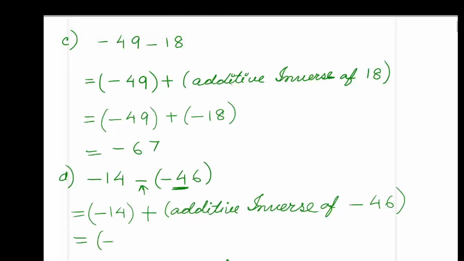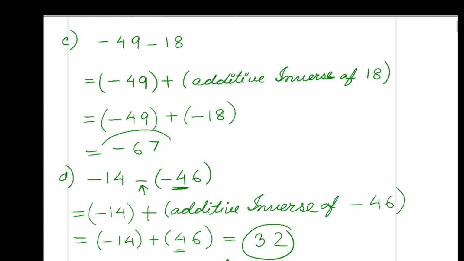So it will be minus 14 plus 46. So one is positive, one is negative. First you have to subtract. So it will be 32. Before the larger number, positive symbol. So 32 is the answer. Okay. So this is the main concept. You just have to carefully watch the video again. Then you can easily understand.